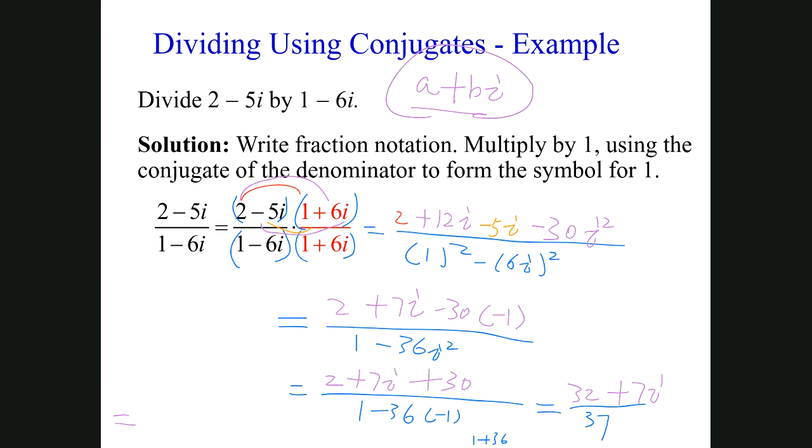So I will have 32 divided by 37, and then plus 7 divided by 37 i. So I have a plus bi. My a is 32 over 37, and my b is 7 over 37. Of course, if this can simplify, you have to simplify, but I cannot simplify this one. That's the final answer in here.